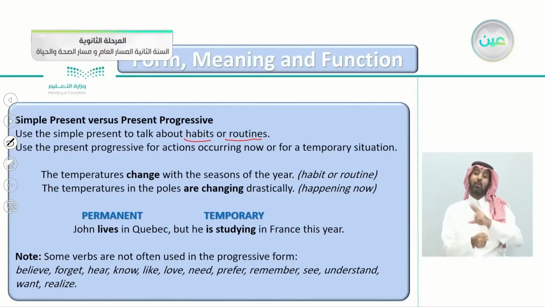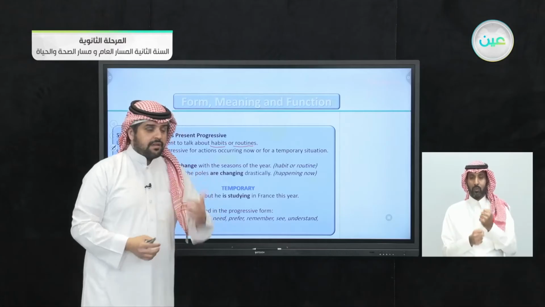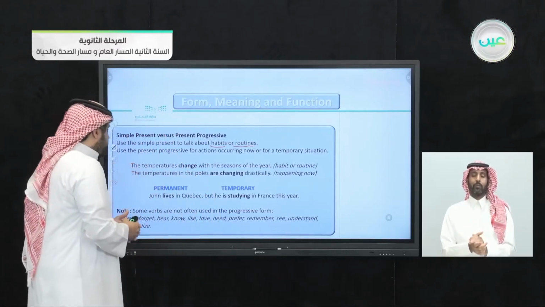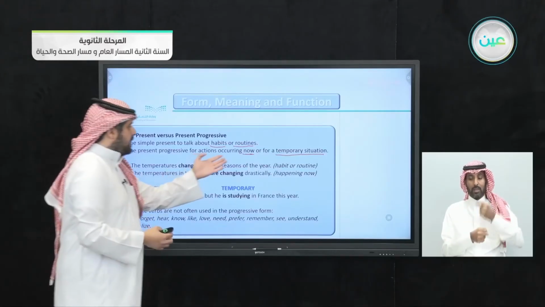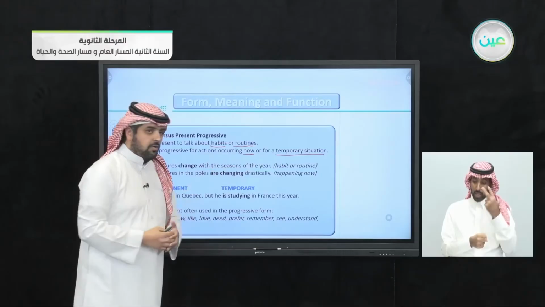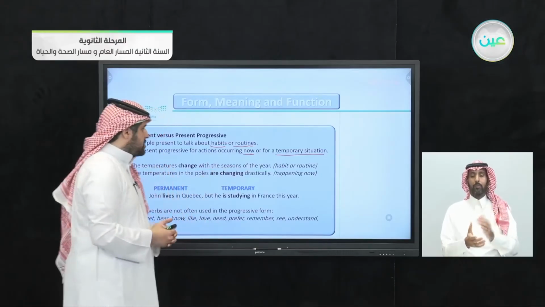We use the present progressive for actions occurring now, or for a temporary situation. So we use the present simple to talk about habits or routines, and the present progressive for actions that are happening now or that are temporary situations.